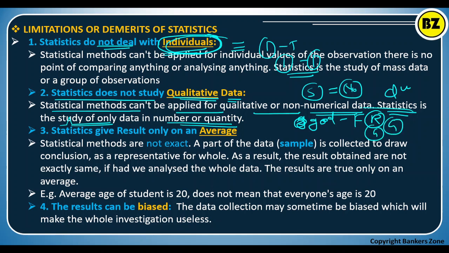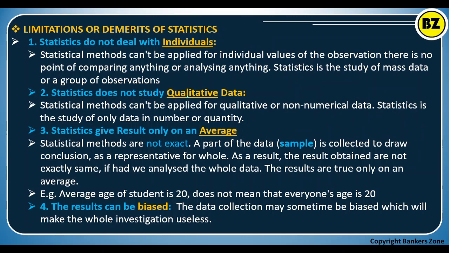Can you compare those colors? No. But if there are numbers like 5, 10, 15, you can sort them in increasing order, decreasing order, even numbers, odd numbers, like that. But quality you cannot compare using statistics, because these are not numbers, and statistics is the game of numbers, right? So that's why statistics does not study qualitative data.